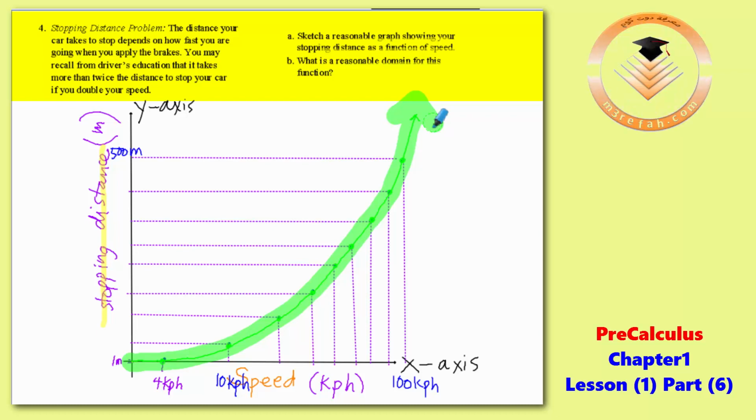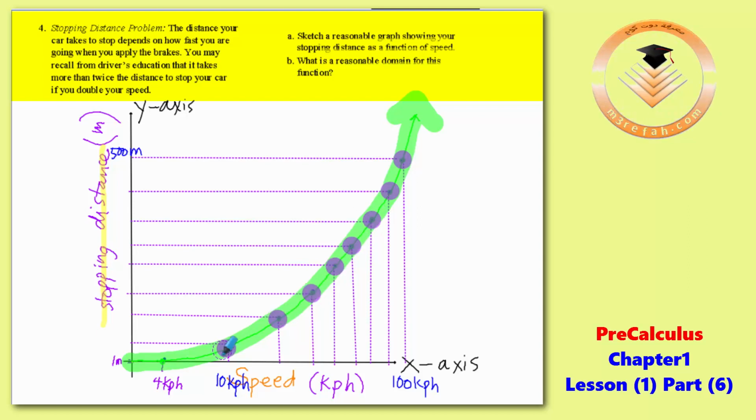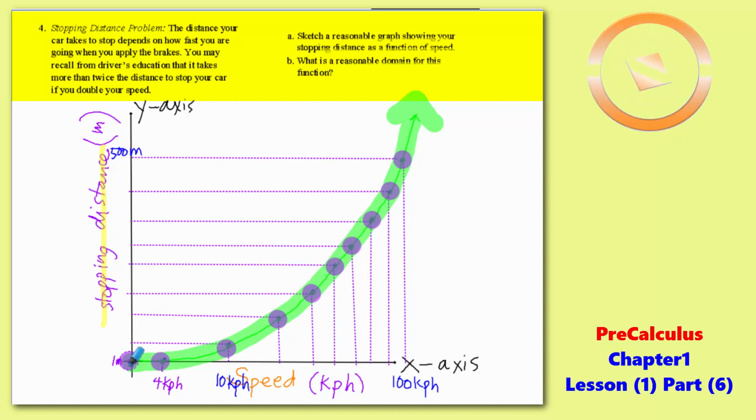You have these points and the origin. So this is our graph as a function of speed. As speed goes greater, our stopping distance goes greater also.